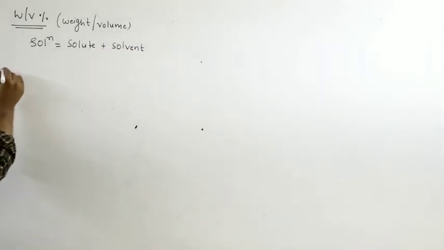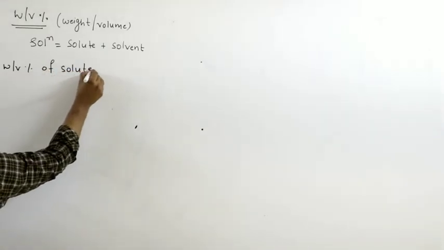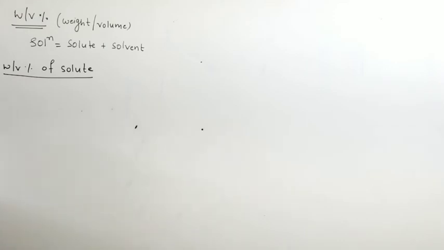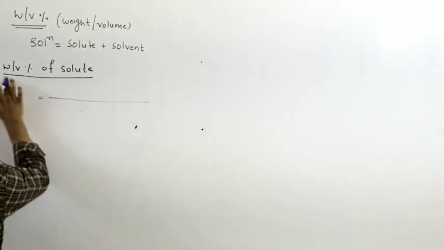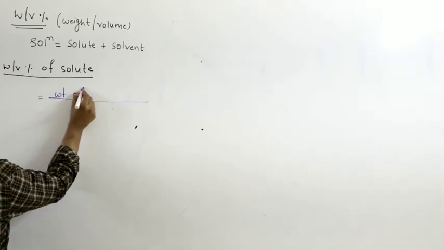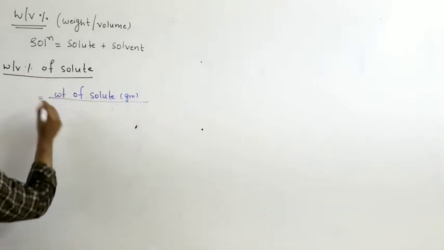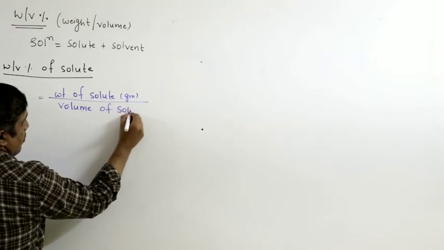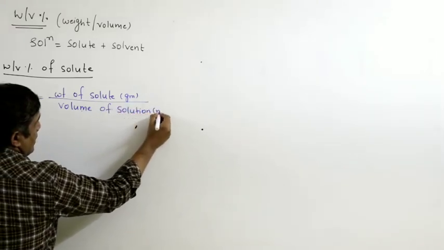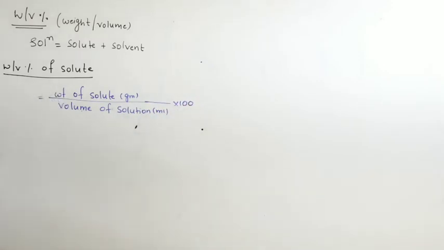So let us say weight by volume percentage of solute is defined as weight of solute in grams in the numerator and volume of solution in ml in the denominator. Since it is a percentage, multiplying with 100.